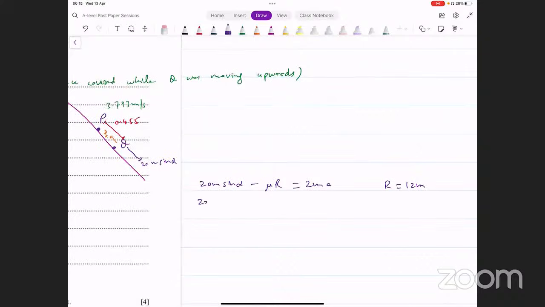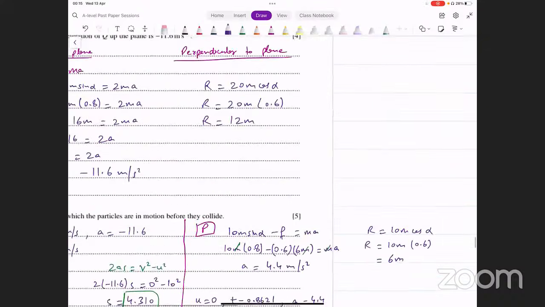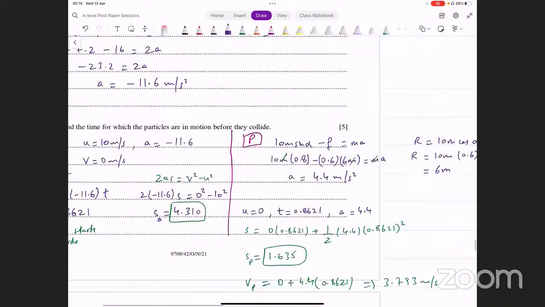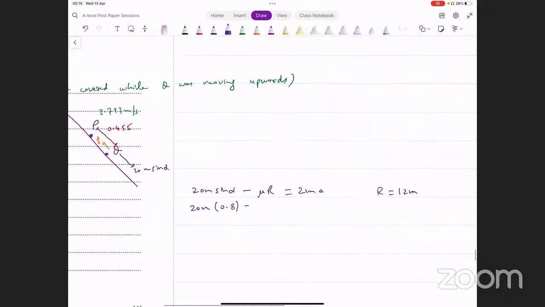ठीक है, इसमें input कर दें 20m into 0.8 minus mu, that is 0.6, into r, that is 12m. यहाँ पे evaluate कर लें. यहाँ से भी आप देखेंगे acceleration की वही वैल्यू आ जाएगी.